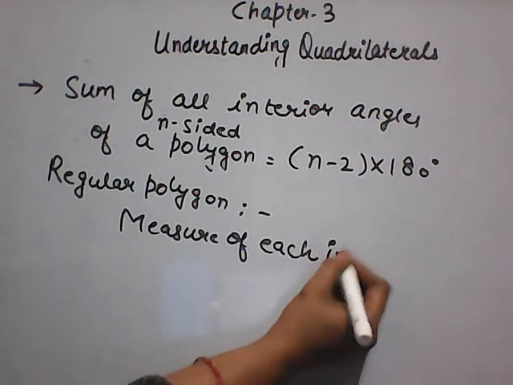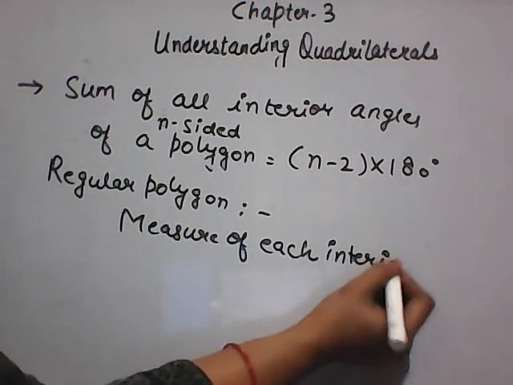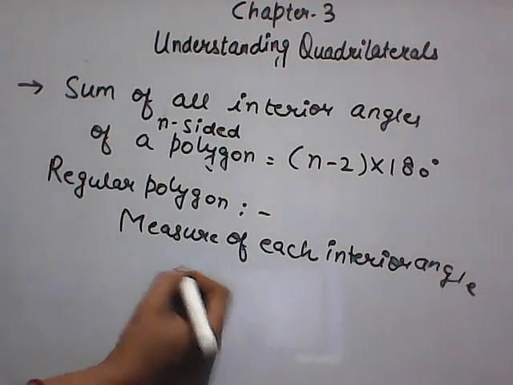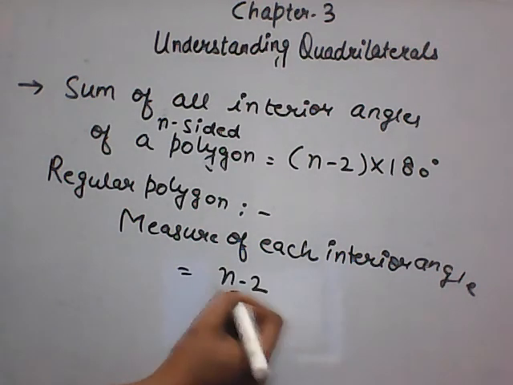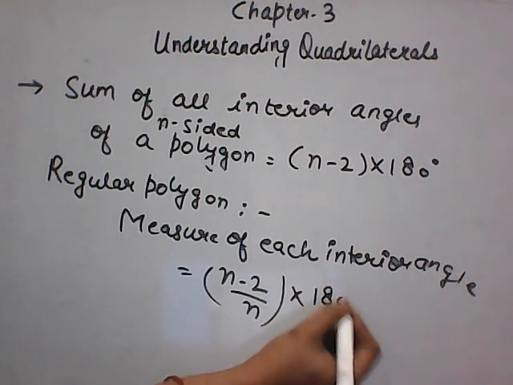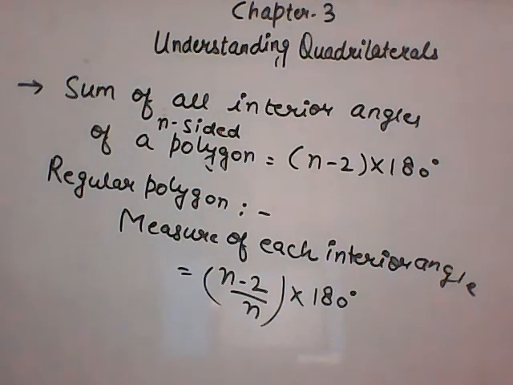The measure of each interior angle can be calculated by using the formula n minus 2 divided by n multiplied by 180 degrees. For an n-sided regular polygon, each interior angle can be calculated by using the formula (n minus 2) divided by n multiplied by 180 degrees.